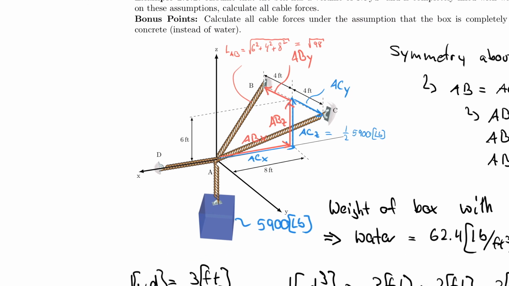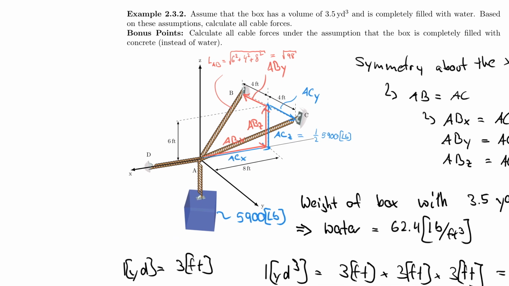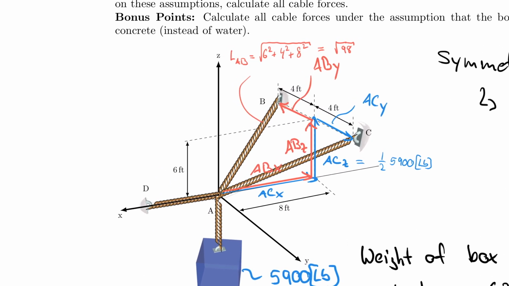For example, if I want to calculate the force AB, let's do that up here because it's more visual. So the force FAB, or maybe I should use AC actually in this case. So let's say FAC is equal to 1/2 5,900 pounds. That is the component in this vertical force.